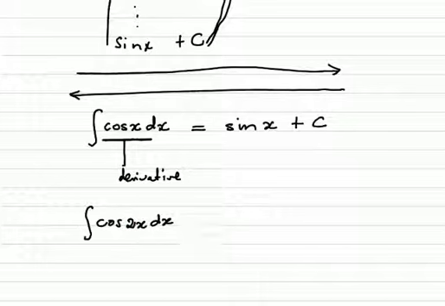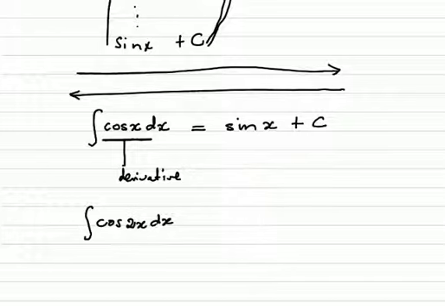Now if I were to find the function which was differentiated to get this, I must first think of the fact that this is supposed to be a derivative. But if this is a derivative, remember we said that a derivative is always the derivative of the immediate function multiplied by the derivative of the argument.